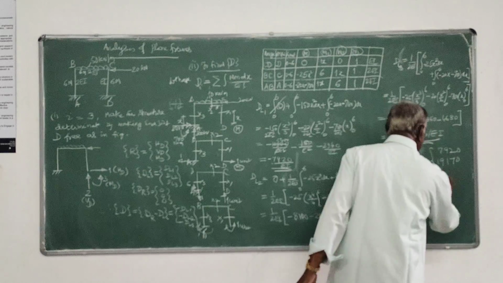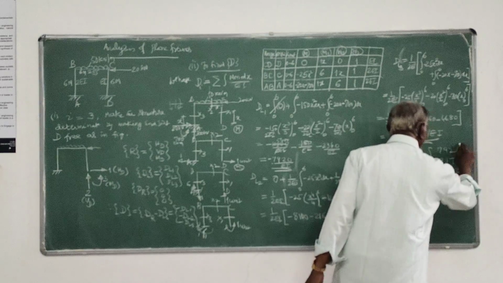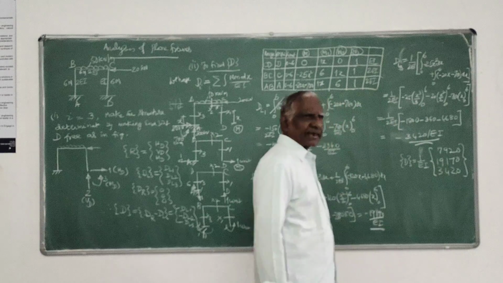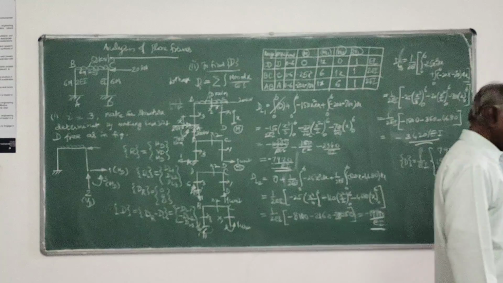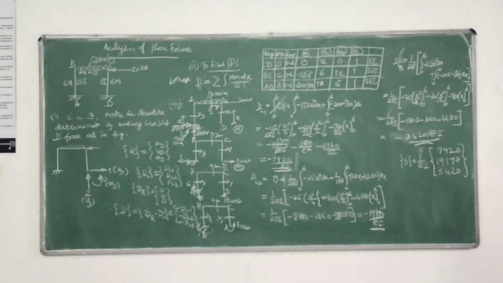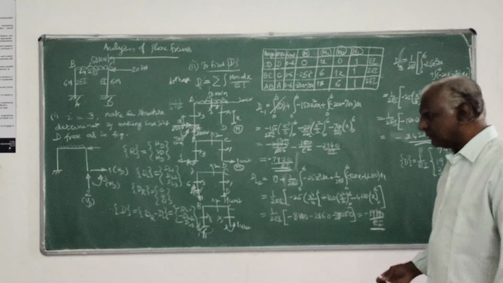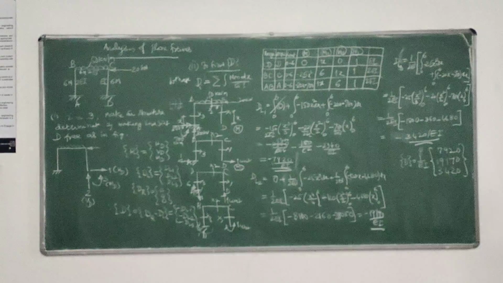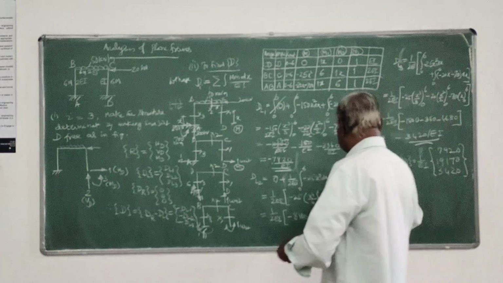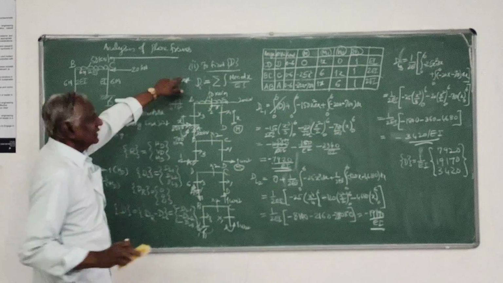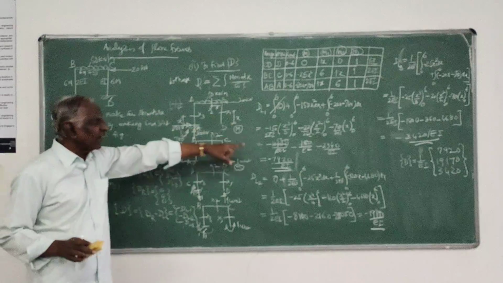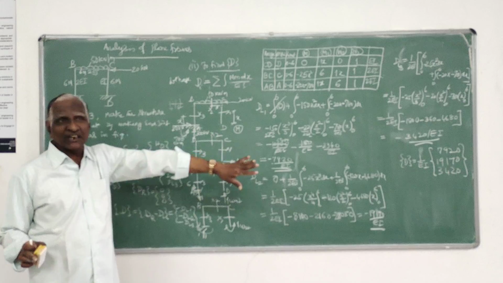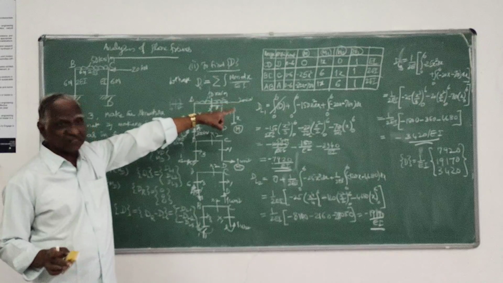Here it is 3420. This is your second step in the analysis, to find D. I have evaluated D. This much exercise for that.